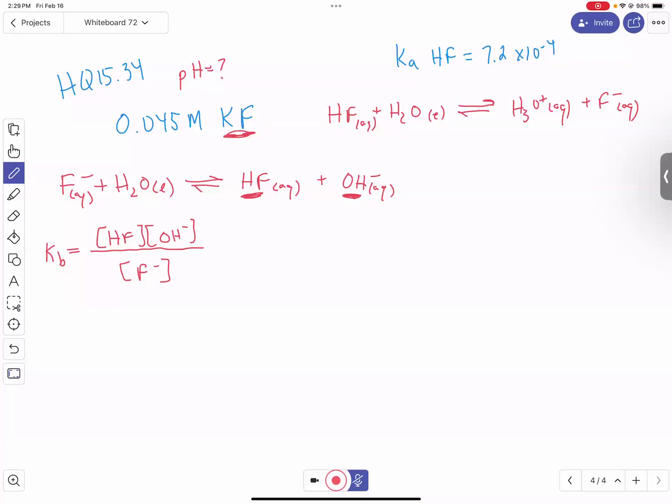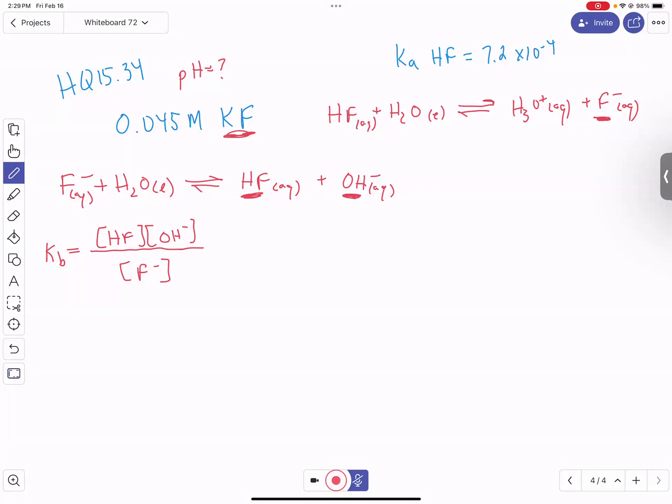So, correct, it's potassium fluoride, but the reason this is important is that the fluoride is the conjugate base of HF. Potassium fluoride is not an acid. HF is. So this is why we're talking about HF, because fluoride behaves like a base.